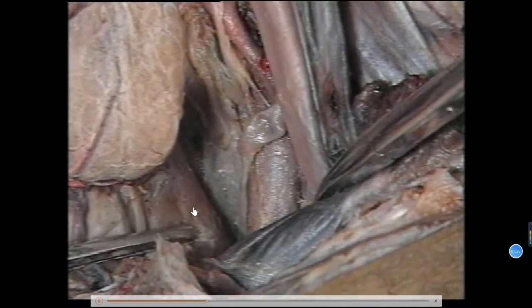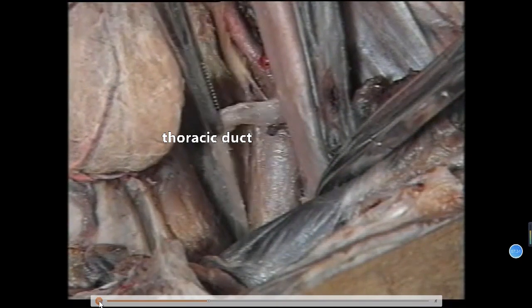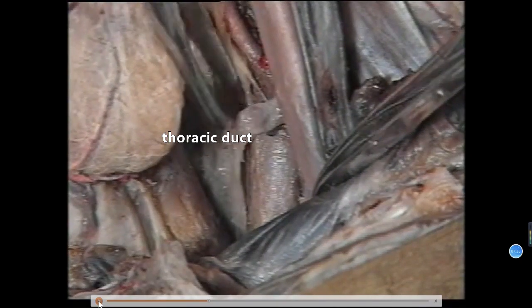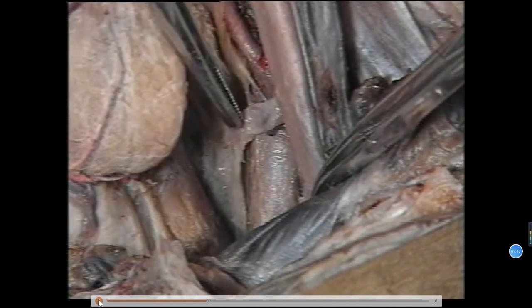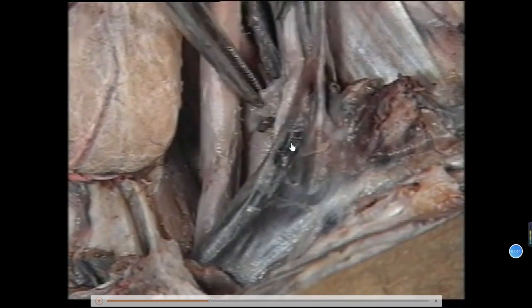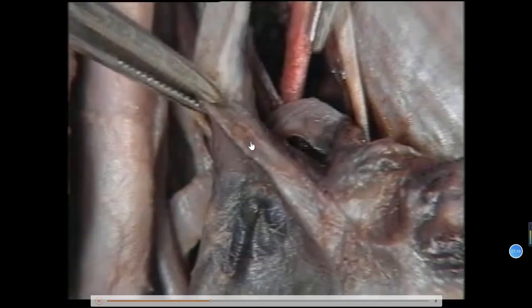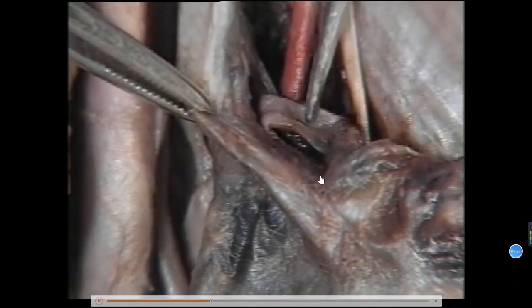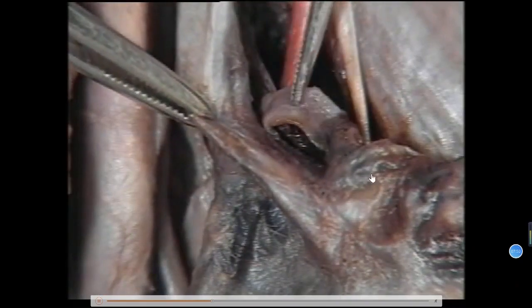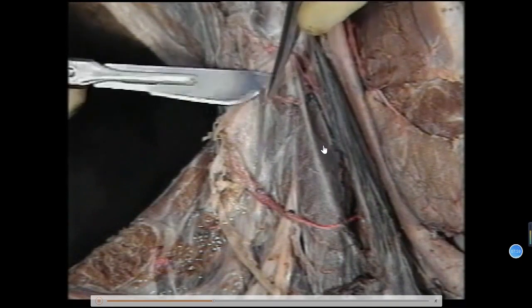This is the esophagus. Okay, this one, thoracic duct. Another name is left lymphatic duct. It passes behind this common carotid artery, behind the internal jugular vein, finally opening into this left venous angle. So lymph finally enters the vein.